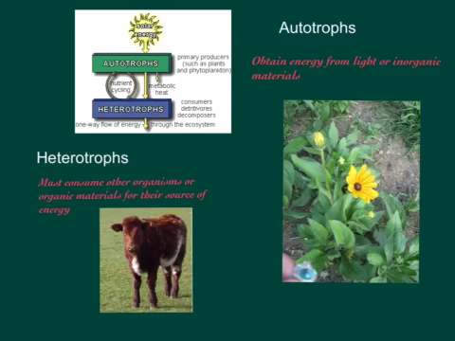And another is called heterotrophs, and heterotrophs must consume other organisms or organic materials for their source of energy. And one example of a heterotroph is a cow. And here's a demonstration of how solar energy is consumed by both autotrophs and heterotrophs.